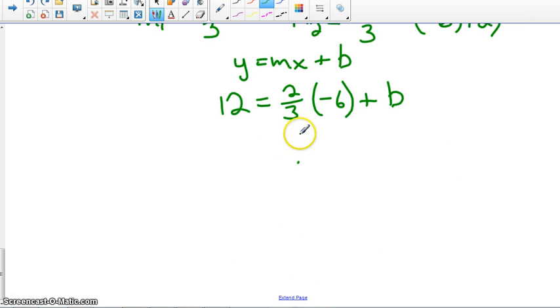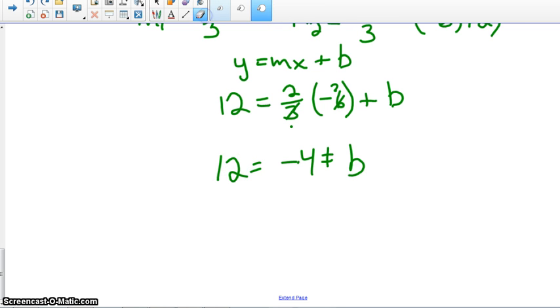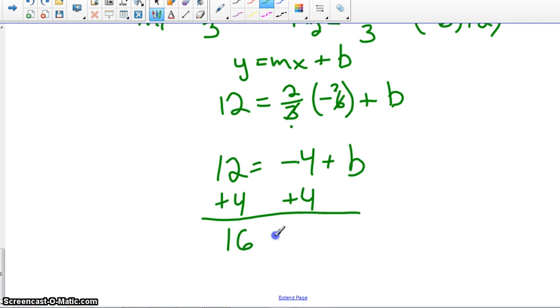So -6 times 2/3, we cancel that, and we're going to get -4 plus b equals 12. And we're going to add 4 to both sides, so we get 16 equals b.